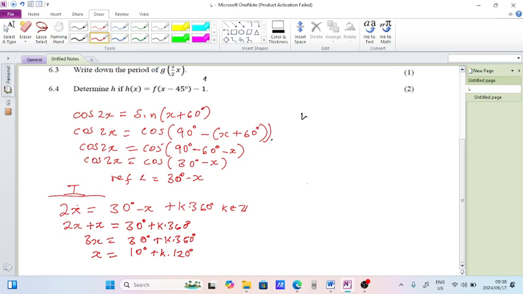Now let's get to the second quadrant, because that is where we used cos. So it should be which quadrant where cos is positive? Quadrant number 4. Now in quadrant number 4, on the left hand side we get 2x equals, then we have quadrant number 4.